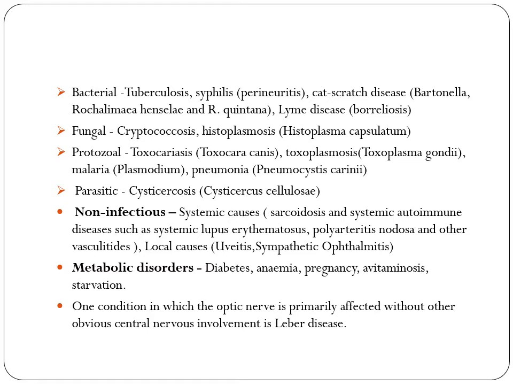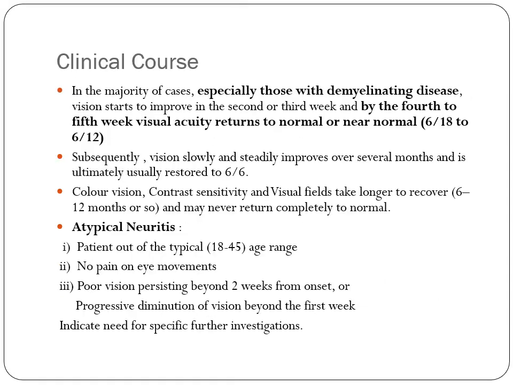There are metabolic disorders which cause optic neuritis: diabetes, most common, anemia, pregnancy, avitaminosis, starvation. One condition in which the optic nerve is primarily affected without any other obvious central nerve involvement is Leber's disease. So this is the etiological classification of optic neuritis.